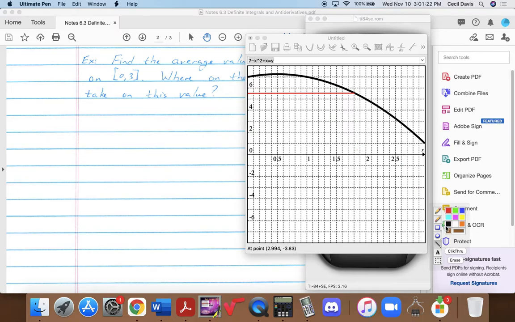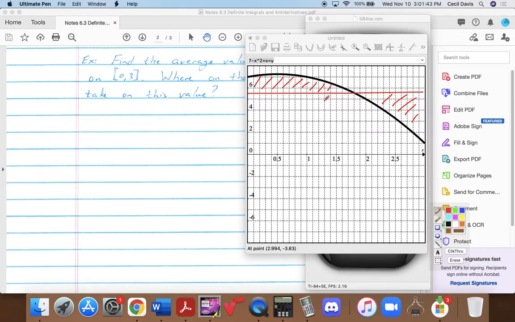Okay. The interesting thing is if I continue to extend this across here, what that should mean, if I have done it correctly, is that this area should be equal to this area.